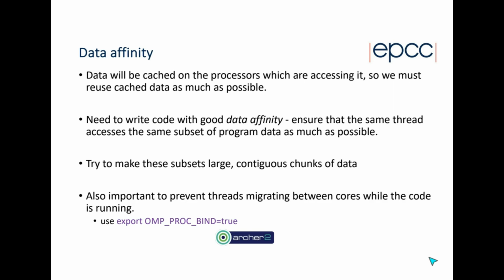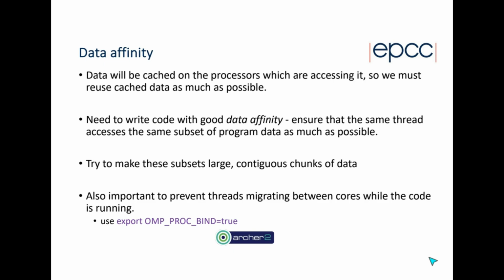And for reasons we'll come on to, those subsets should be reasonably large contiguous chunks of data as well. Threads accessing finely grained interleaved data is also bad. We'll come on to why that is in a minute.